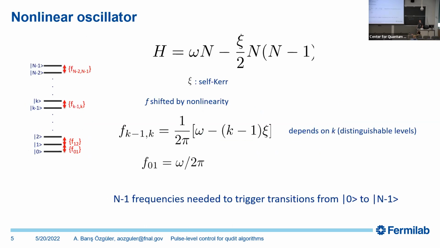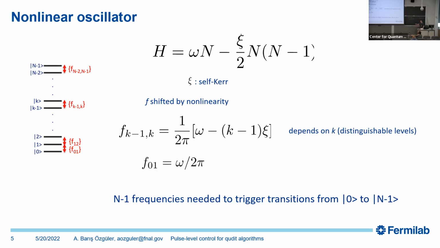but with some non-linearity, we can write the Hamiltonian like this. This is not the most general form, but by using the self-Kerr term, the frequencies will be shifted, and it depends on the energy level k. So we'll be able to distinguish energy levels based on where we are on this ladder.